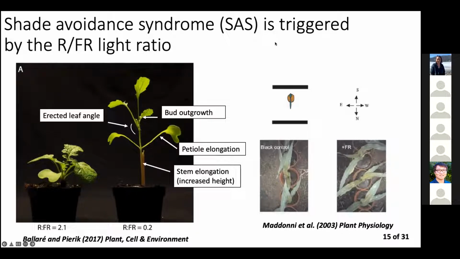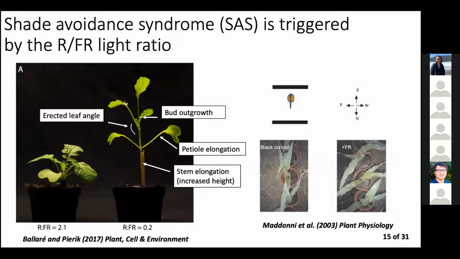This mechanism is mainly triggered by the red light to far-red light ratio. As I show in the left figure, when you have shading, you greatly decrease the red to far-red light ratio. One of the consequences is that it triggers the plant to have a more erect leaf angle and suppresses bud outgrowth, petiole elongation and stem elongation. So the plants will basically look taller compared with no shading treatment.